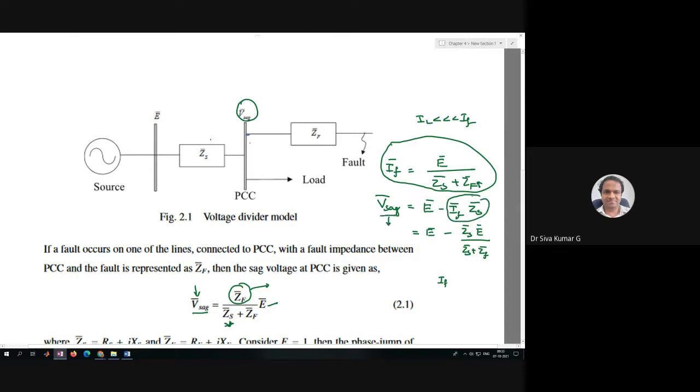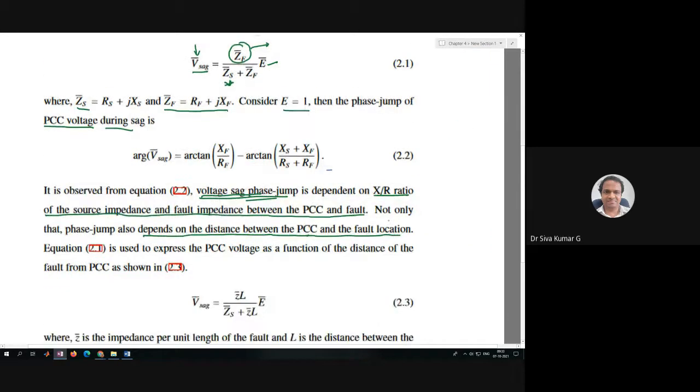The important point to be observed is that the voltage sag magnitude is dependent on the PCC and the fault location, and apart from the magnitude, the phase jump also. The phase jump is also dependent on the distance between the PCC and the fault location, because XF and RF are going to vary.